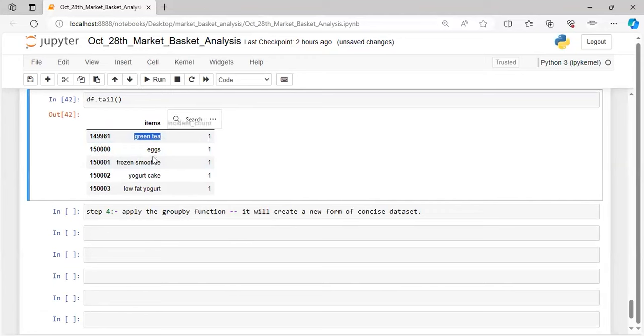Then the final stage will be, we will have to finalize our data set, like the column name will be green tea, and in the row also green tea, and we will find the association of green tea with green tea, green tea with X, green tea with frozen smoothie. So this data frame we will create.